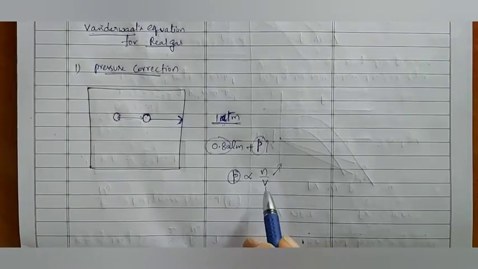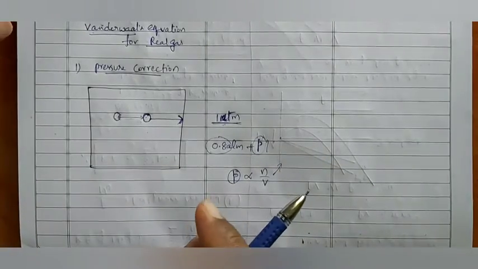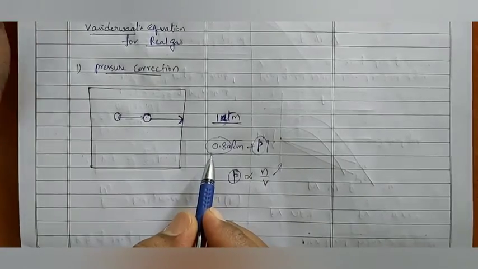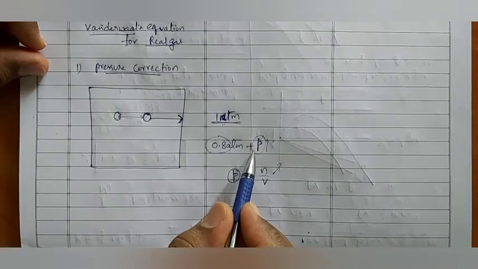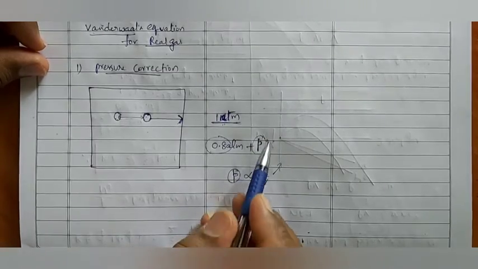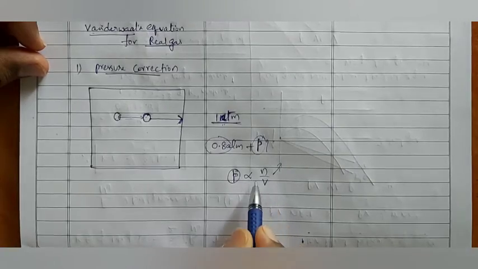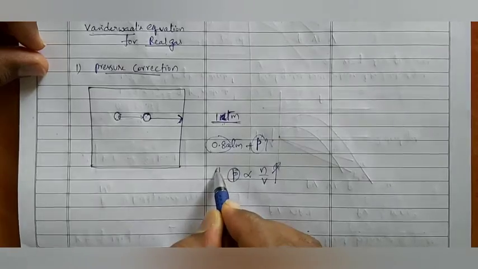When the number of molecules in unit volume increases, attractions between the molecules increase. If attractions between the molecules are increased, this 0.8 also will not be there. It will be showing 0.7. Then this p value is 0.3. Has it increased or not? That's why when the number of molecules present in unit volume increases, this correction in p also increases.